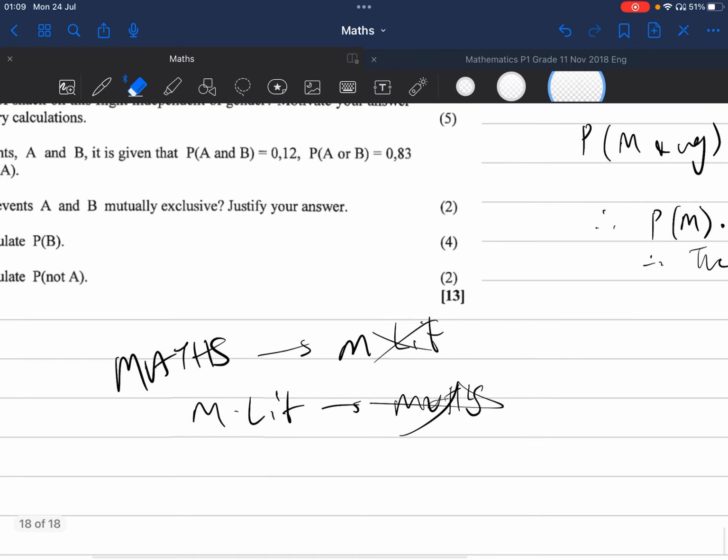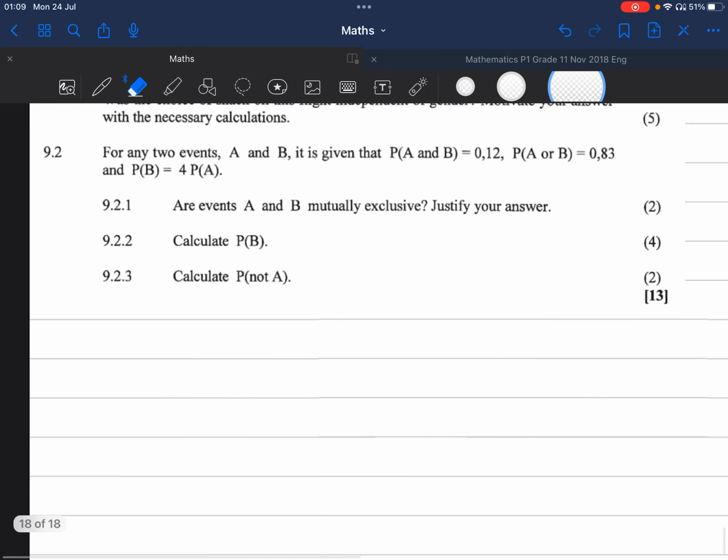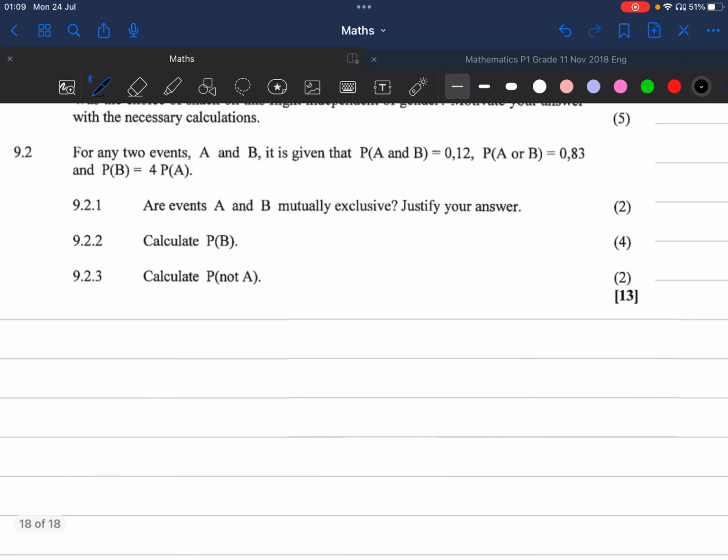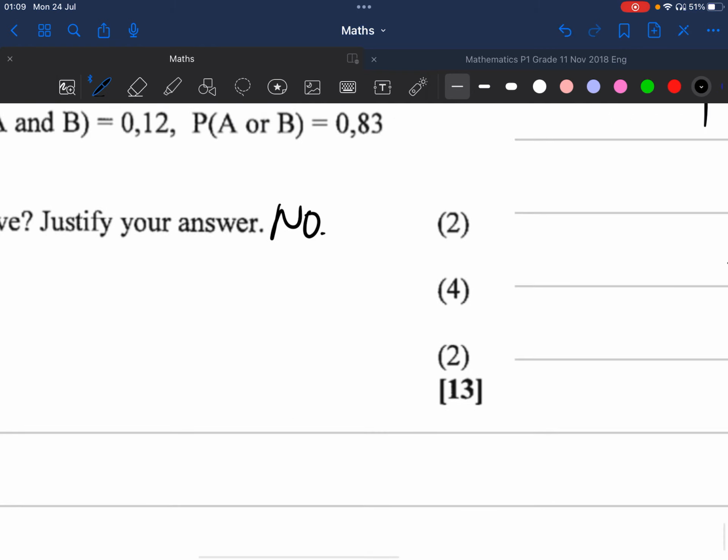So that's a mutually exclusive event. You're picking one over the other. So the probability of A and B should be 0. Can you get anyone doing maths and maths lit? No, you can't. Now let's look at this question. P(A and B) equals 0.12, so these events are not mutually exclusive, because P(A and B) is not equal to 0.